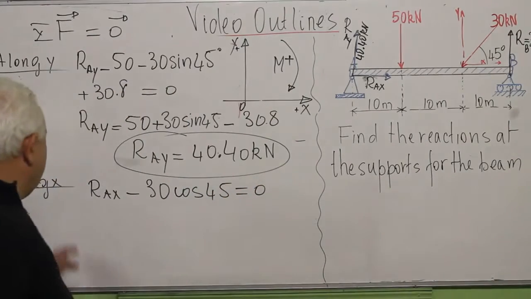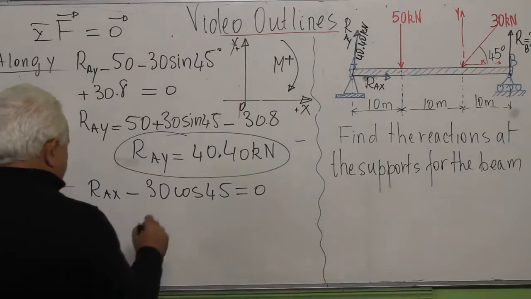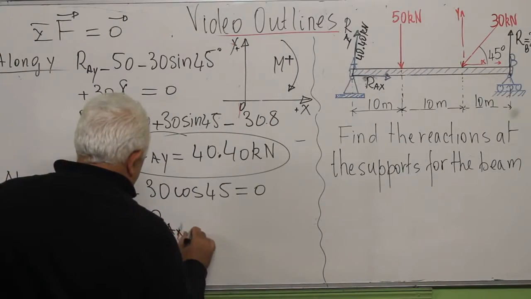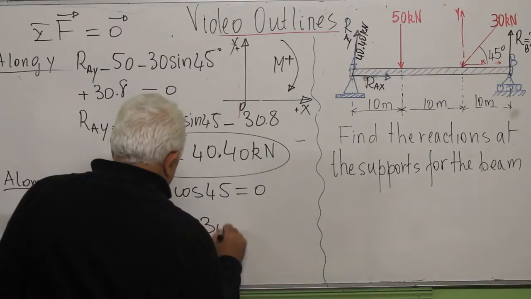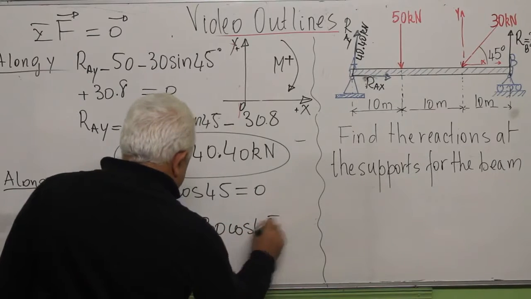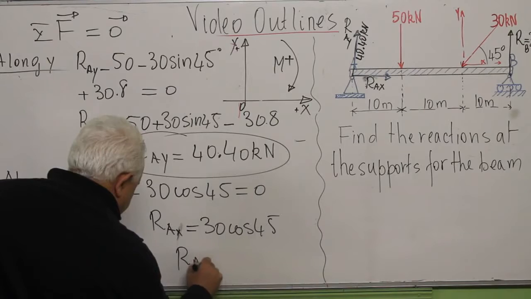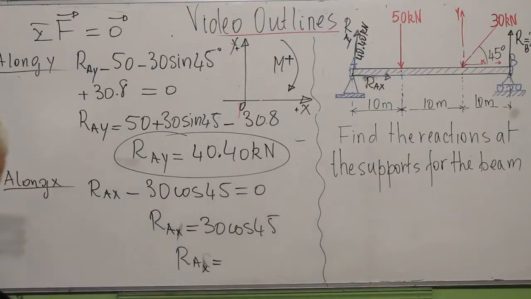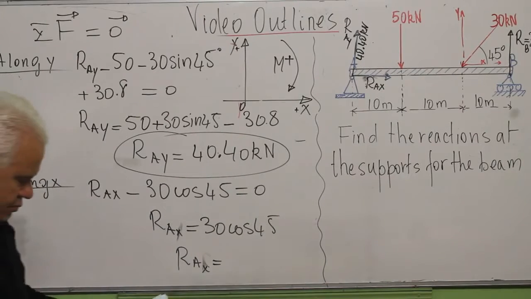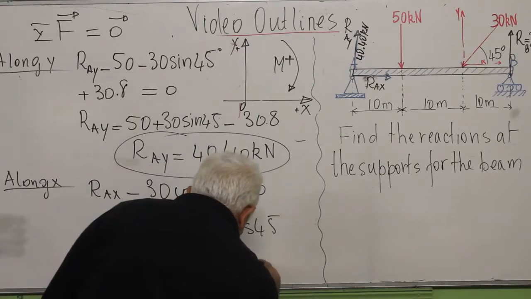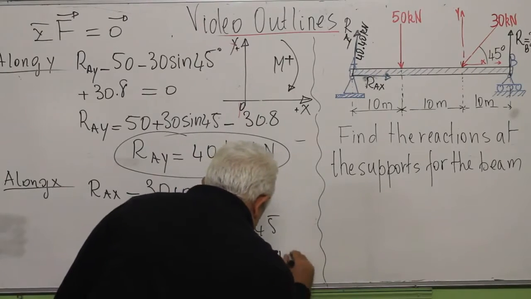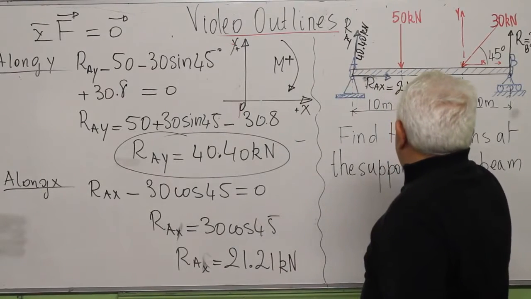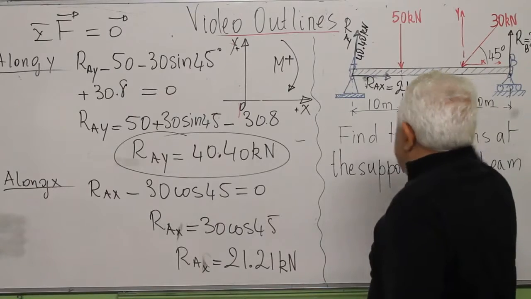Of course, this should be equal to 0, and so RAX equals 30 cos 45, and I get this answer, which is 21 kilonewtons, that I put here, 21 kilonewtons.